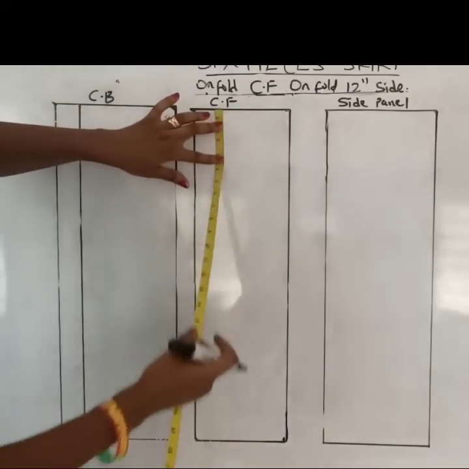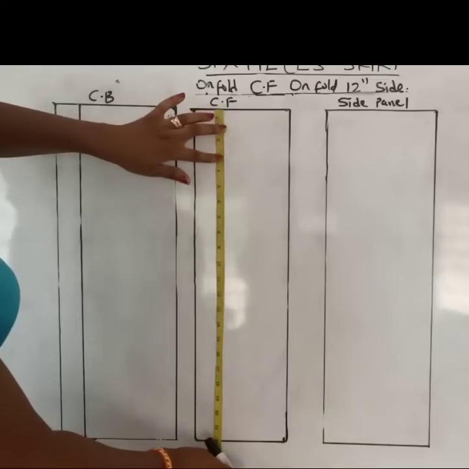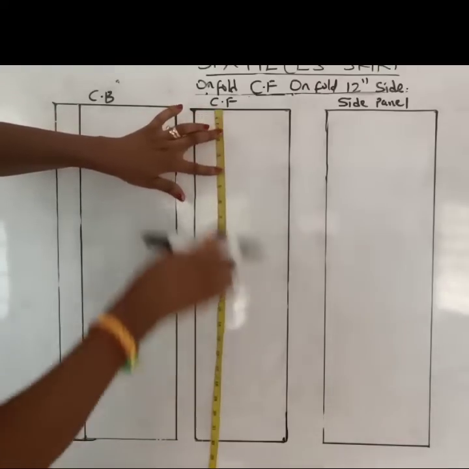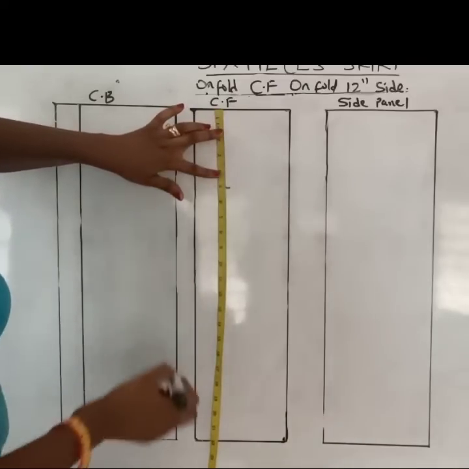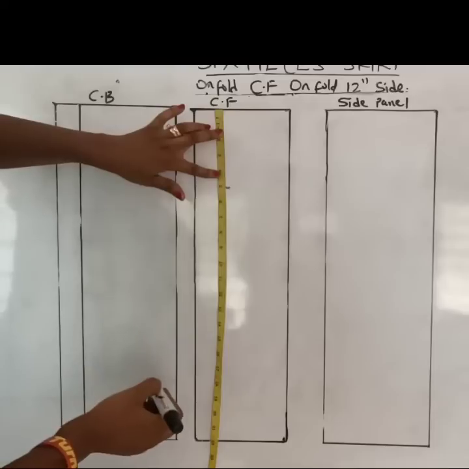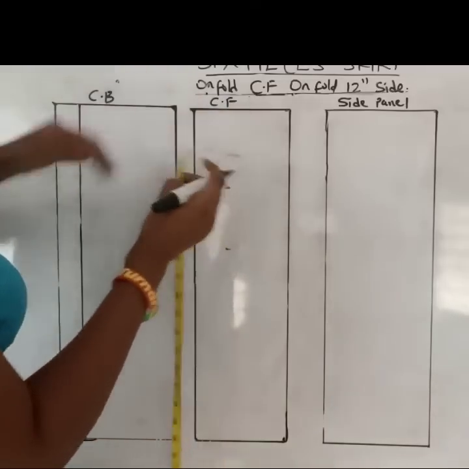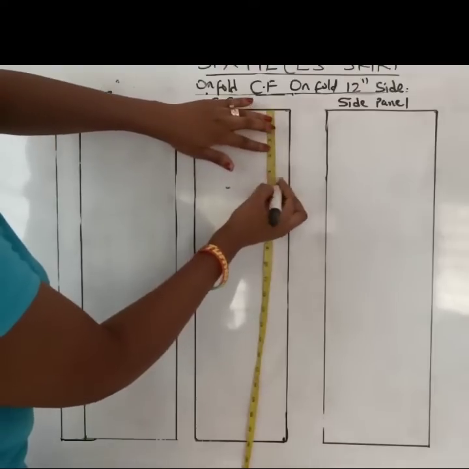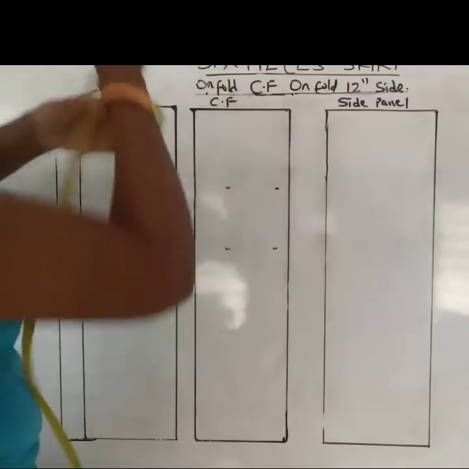The full length of the skirt is 44, so half of that we have 22. We'll be using this as our waist to hip and our waist to knee for the sake of this illustration.